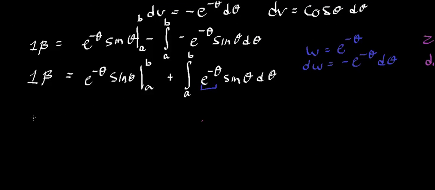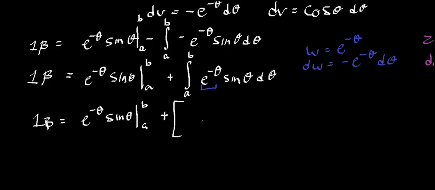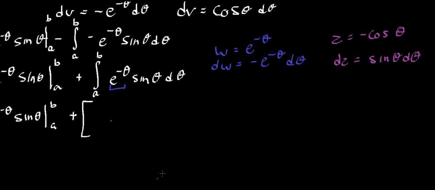So this is going to be 1 beta is equal to e to the minus theta sine of theta evaluated from a to b, plus, put this in brackets. For this one, it's not going to be u times v, it's going to be w times z, because I made the substitution with those variables.